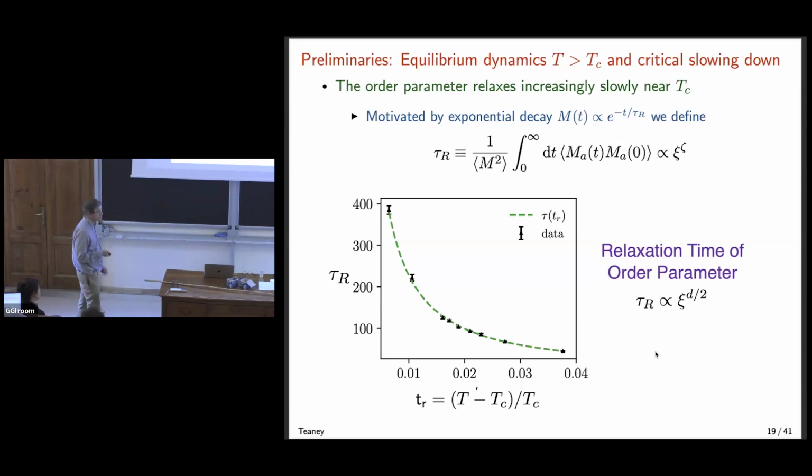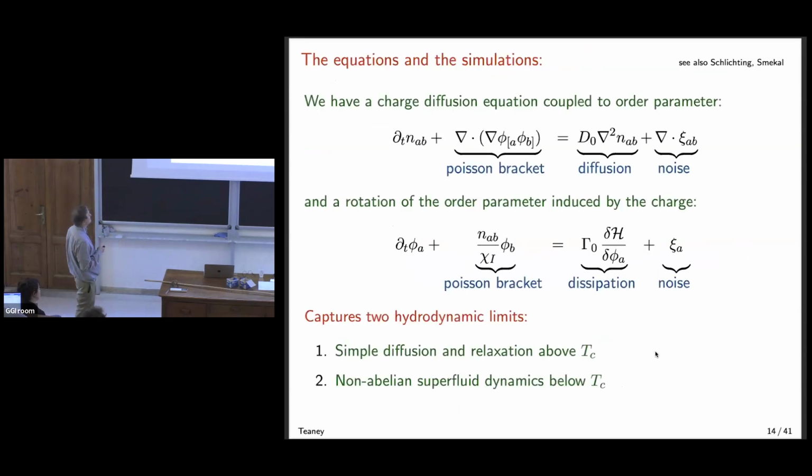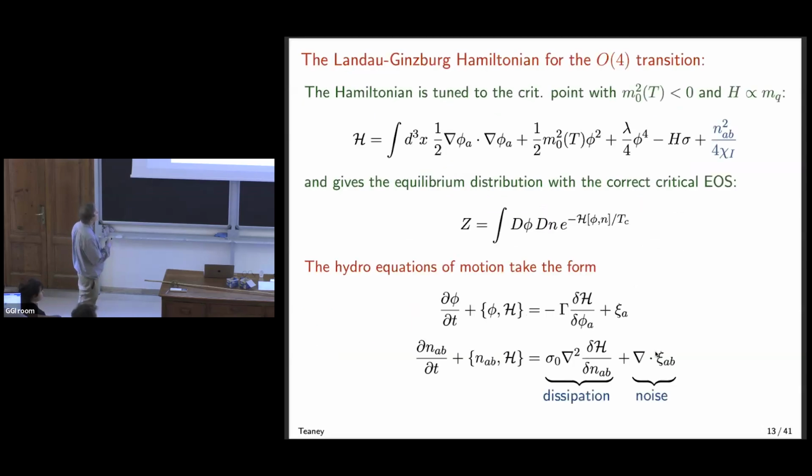The numerical procedure, I sketched. I'm not giving any details, but we solved this thing on the lattice, and we worked hard. That thing has the property that it will evolve to these equilibrium configurations.